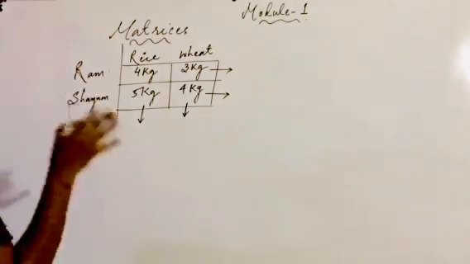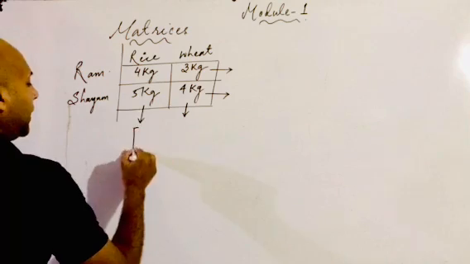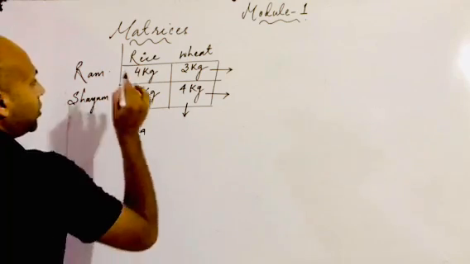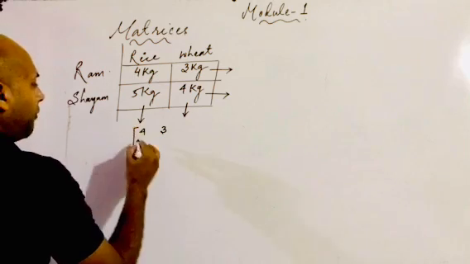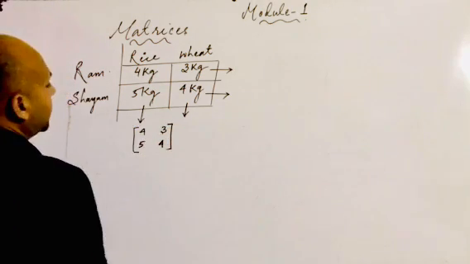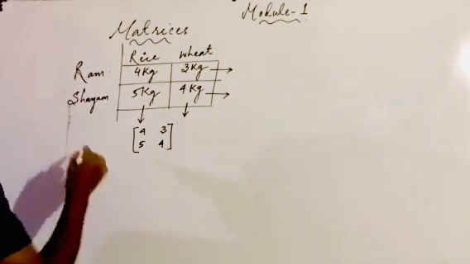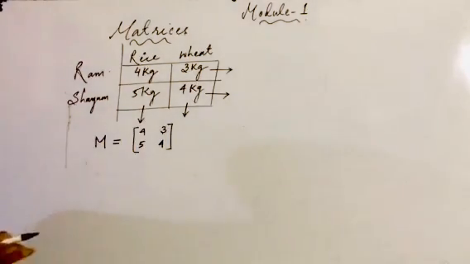If the rows and columns are written in a rectangular form, like 4 kg of rice and 3 kg of wheat by Ram, 5 kg of rice and 4 kg of wheat by Shyam, and I represent this data as M, this is basically called a matrix.